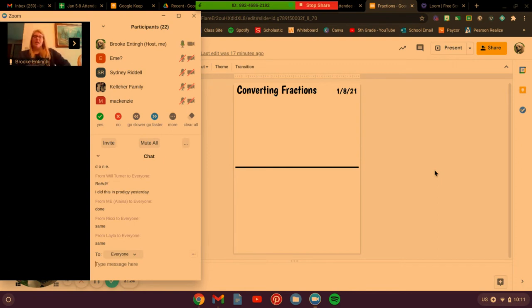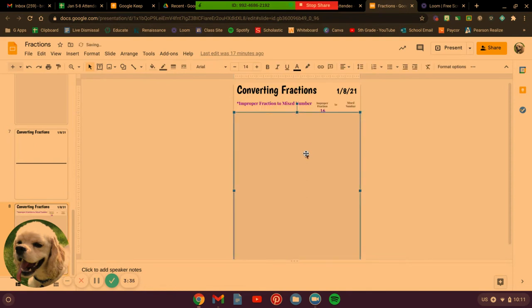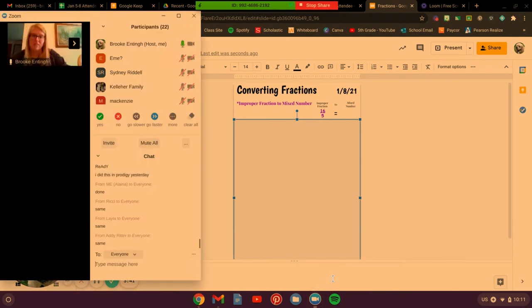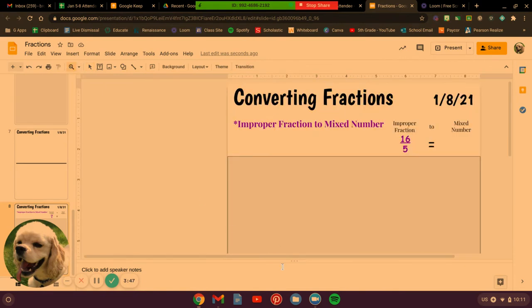All right, 5th grade, I'm going to go on to the next part of our notes. The top part of our notes is going to be converting an improper fraction to a mixed number. Let me zoom in a little bit so you can see that better.